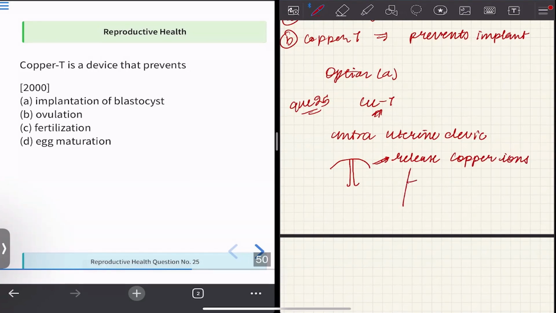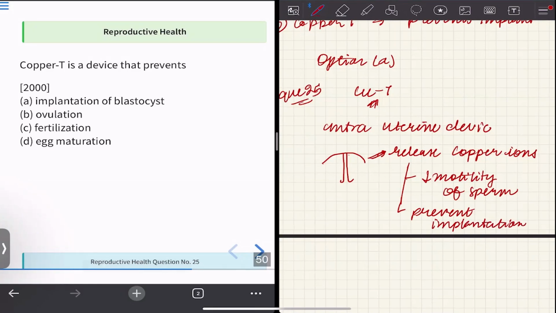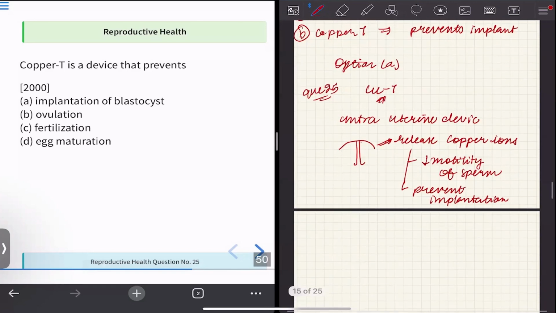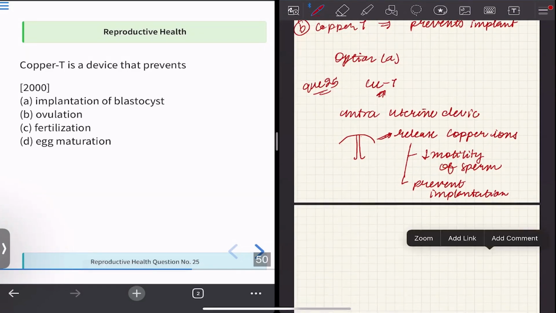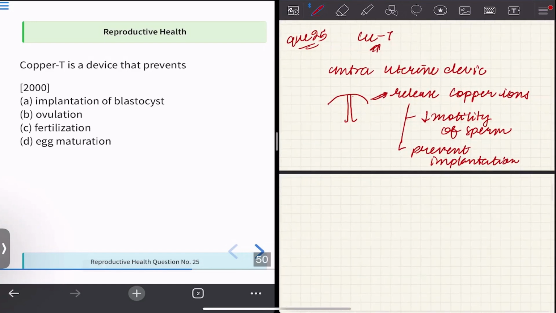These copper ions decrease the motility of sperm. Or the other one is that they prevent implantation. So they'll decrease the motility of sperm so that fertilization doesn't take place. In case fertilization takes place, they'll not allow the implantation of the embryo. So it acts as a contraceptive method.